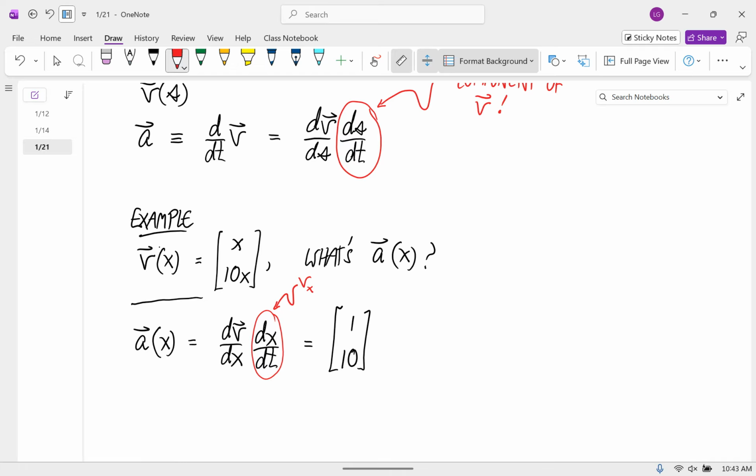So look up at the velocity vector. The x component is x. And so you get ⟨x, 10x⟩.